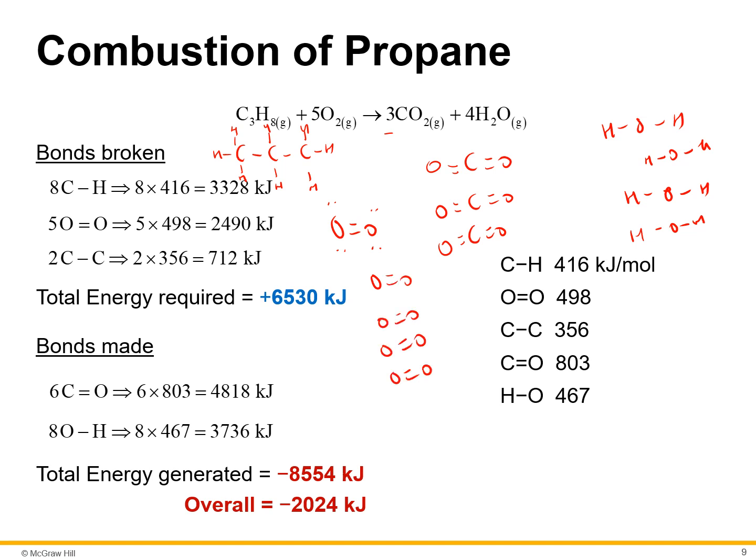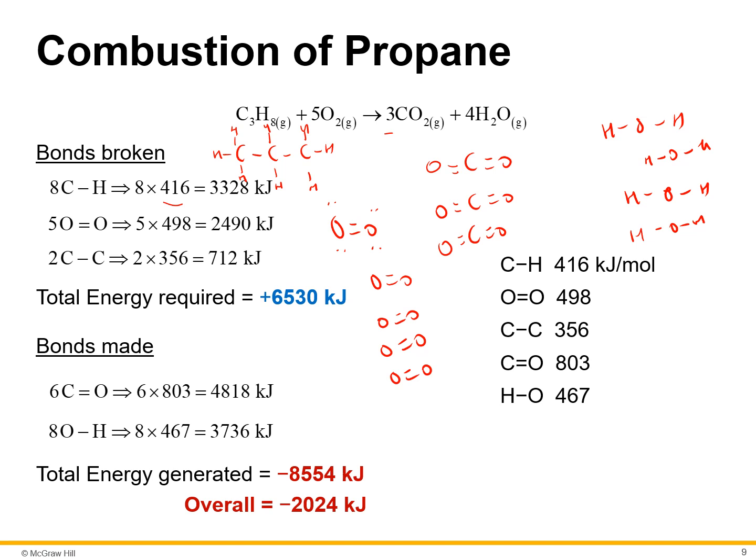So what this is telling us, to break these bonds, let's focus on the propane. It requires 416 kilojoules to break a bond, but there's 8 of them here, you can see.